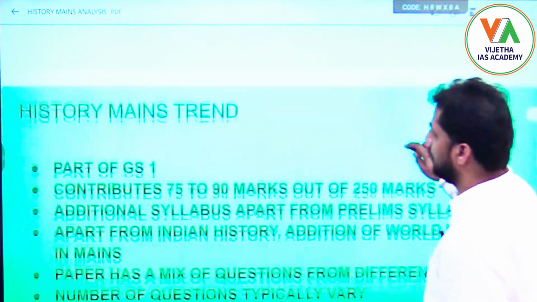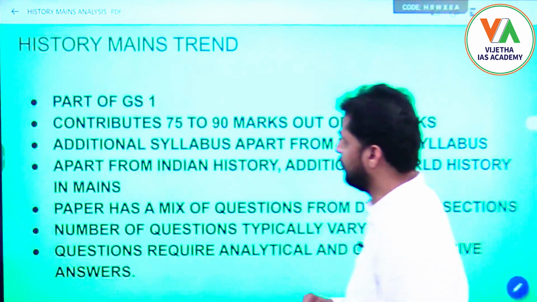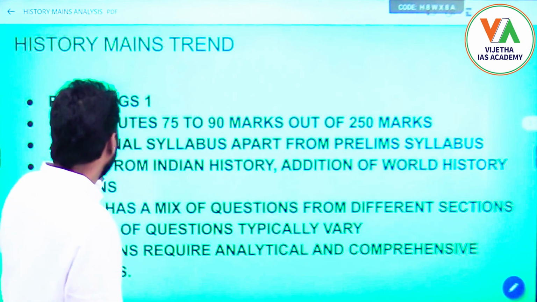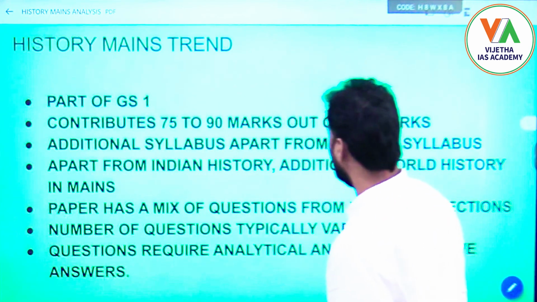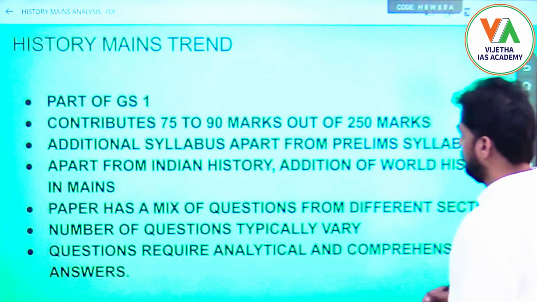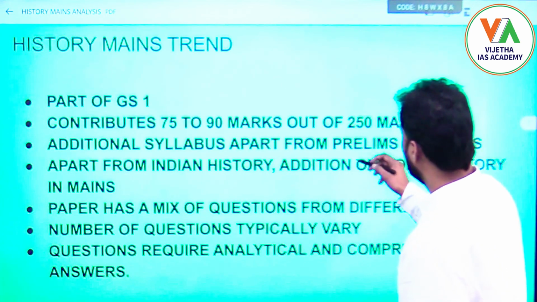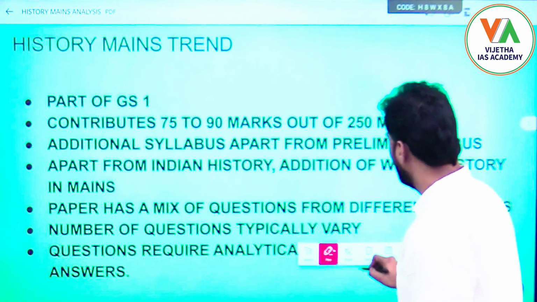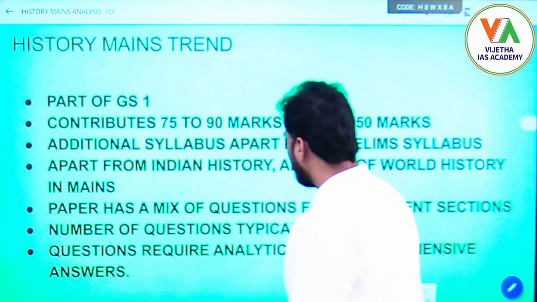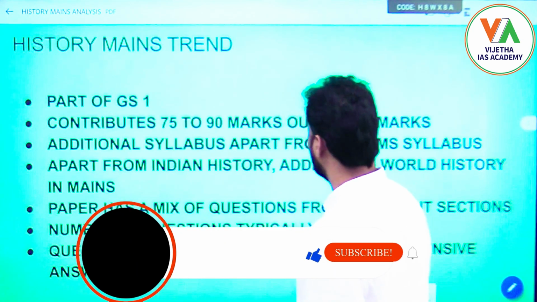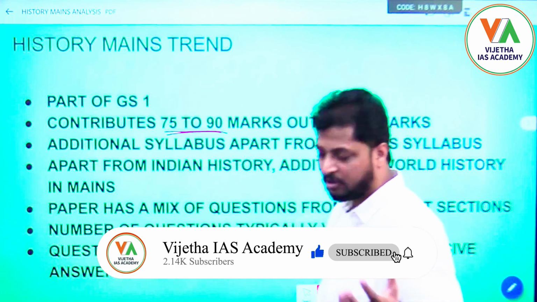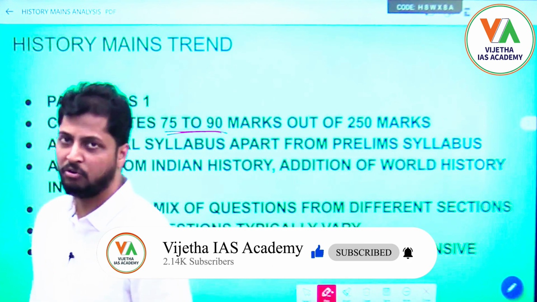So, first of all, we'll see the history section. Here I have provided some points. It is a part of GS1, and coming to the weightage of history in GS1, obviously it makes nearly 75 to 90 marks out of 250 marks.